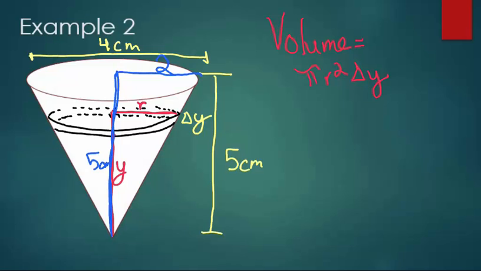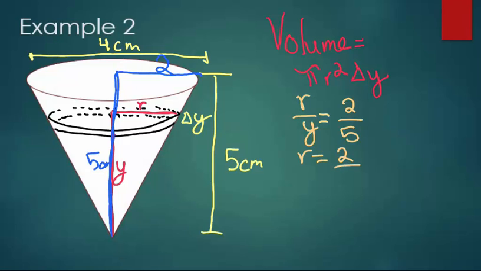So now we can get the area of the face in terms of y using the similar triangles, because r to y is equal to 2 to 5.